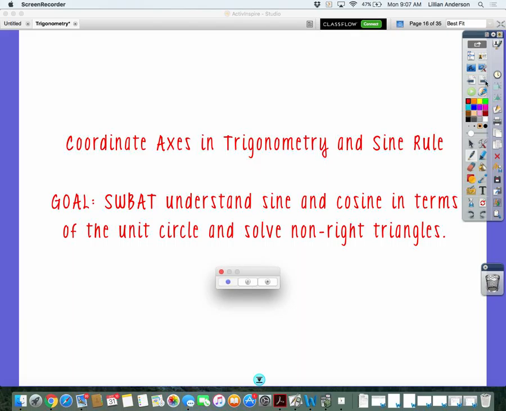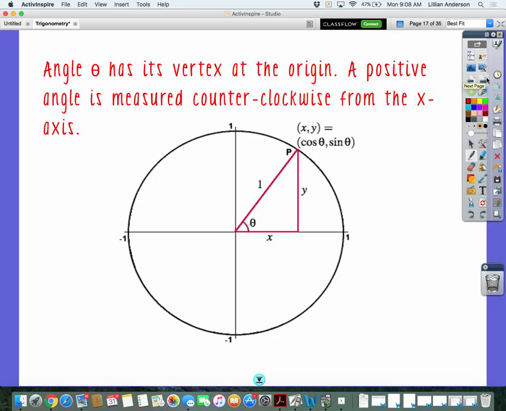Okay, so to start off, again, the coordinate axes. When you deal with trigonometry, it's more of an introduction to some of the things that you'll experience in the next unit, which talks about circular functions. However, it is introduced here because we're talking about the basics of trigonometry, sine and cosine. So if you have an angle, theta, and it has its vertex at the origin, a positive angle is always measured in the counterclockwise direction from the x-axis.